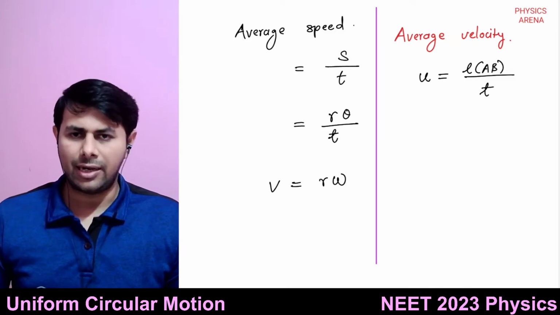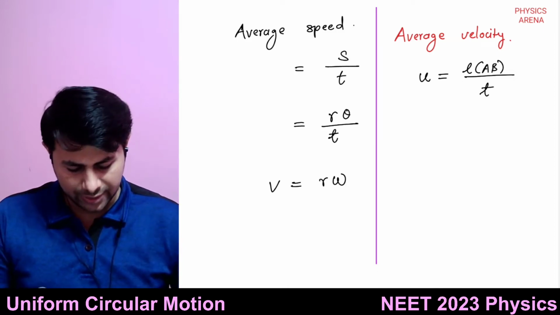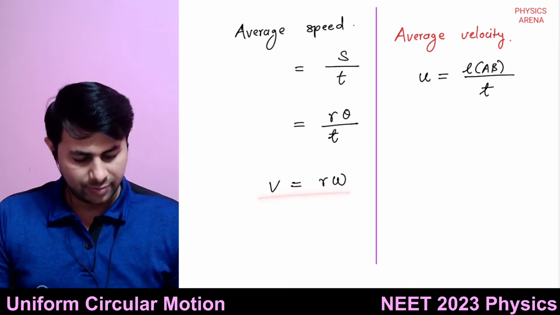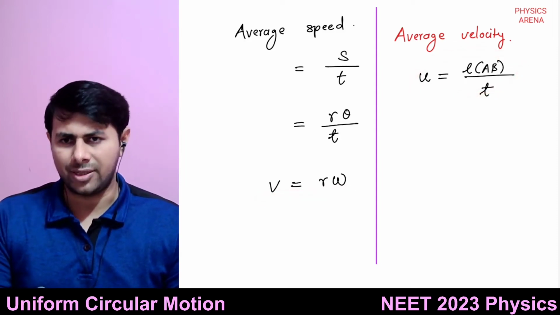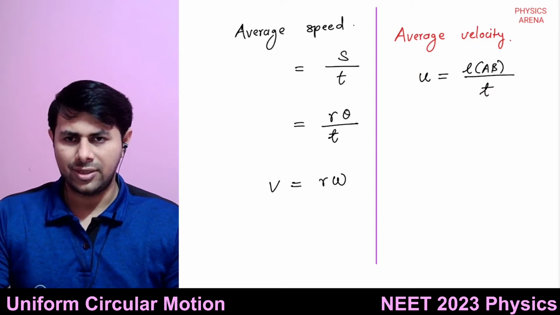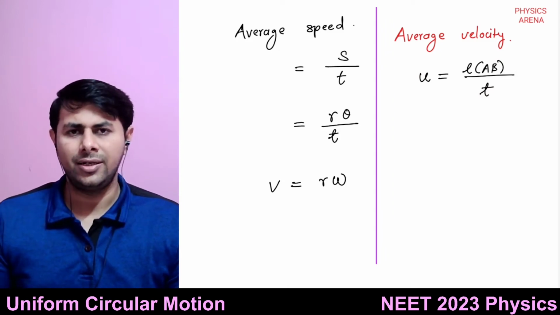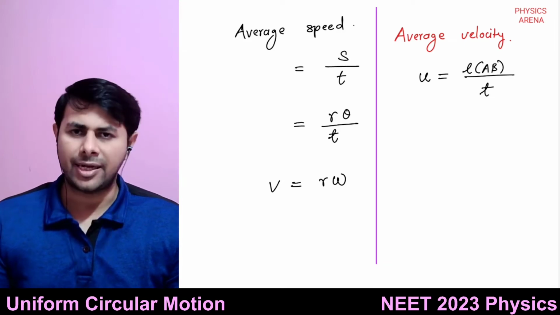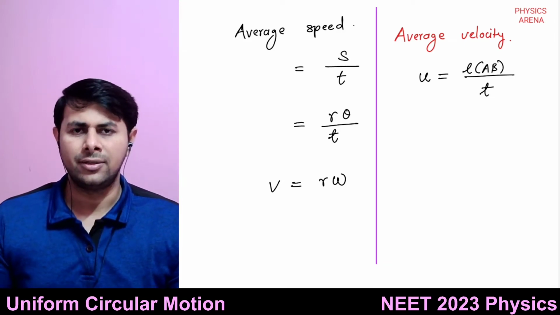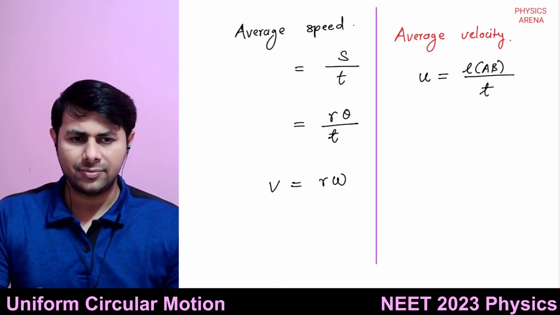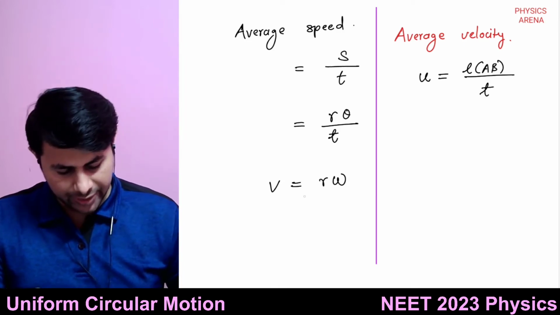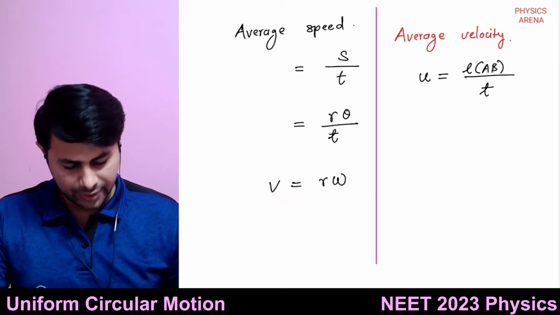So average speed you can always write as r times omega, but average velocity you cannot say is equal to r times omega. You can only say the magnitude of instantaneous velocity is r times omega. So understood this?